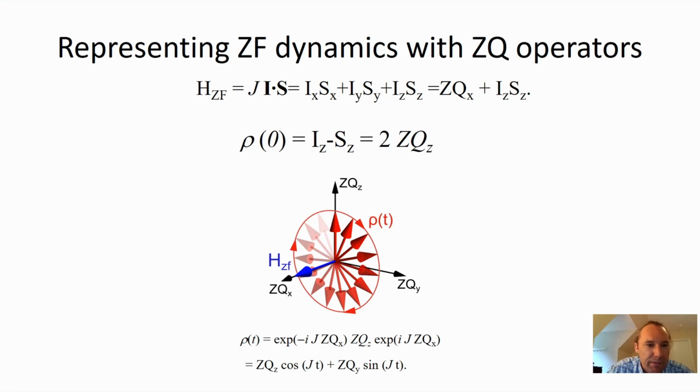So let's look at this one more time. The zero field Hamiltonian has a zero quantum X component. Therefore, there's a 90-degree angle between zero quantum Z and zero quantum X. And the density matrix is along zero quantum Z.